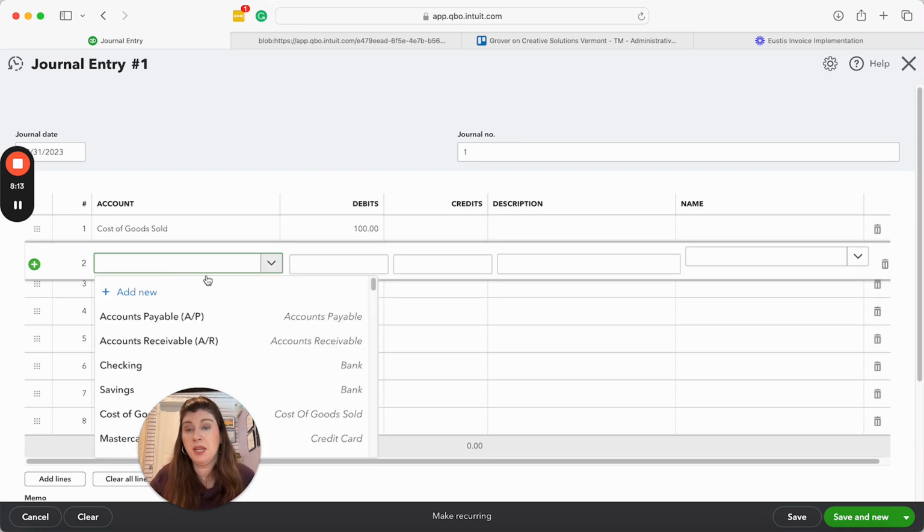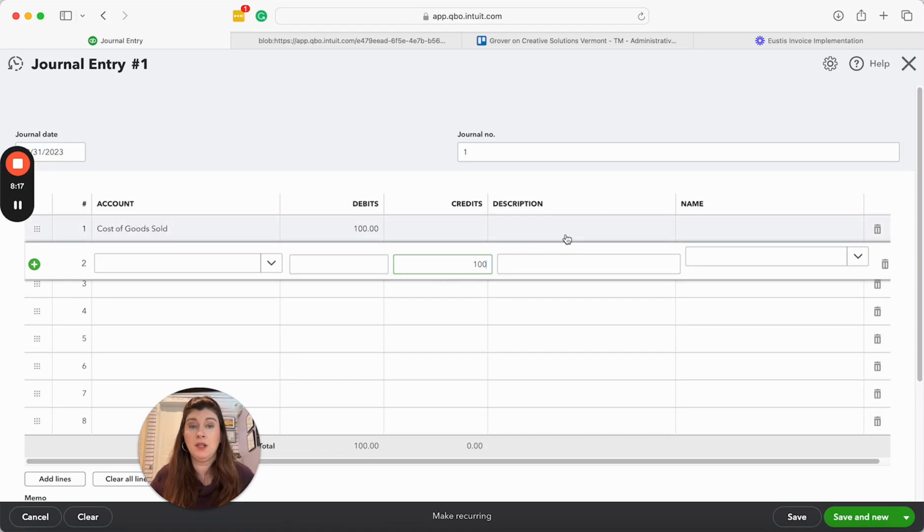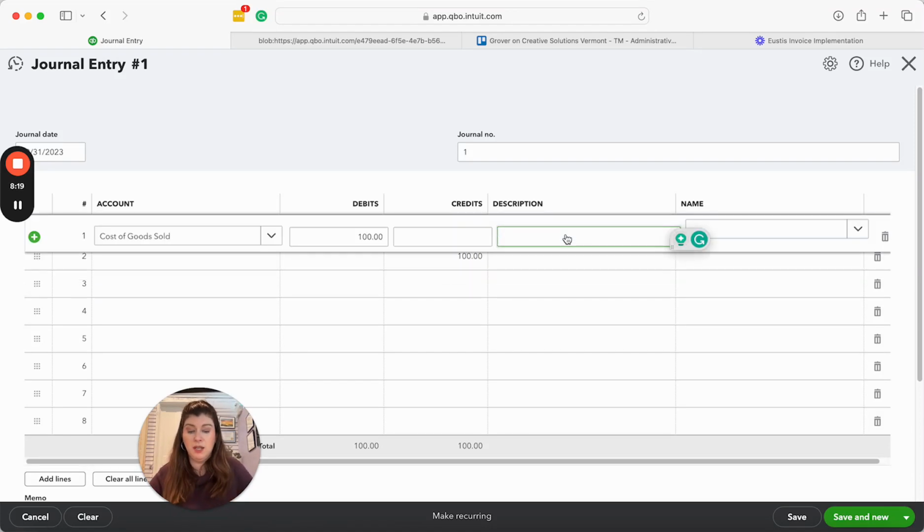This account right here would be inventory, which this sample company does not have, but this would also be $100. Descriptions are always good, and this would be an inventory adjustment to actual. Okay, and you probably have some supporting documents, and that's however you do your inventory, whether it's Excel or whether you pull it from a point of sale system.